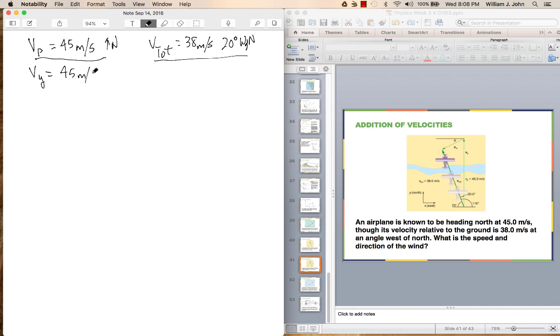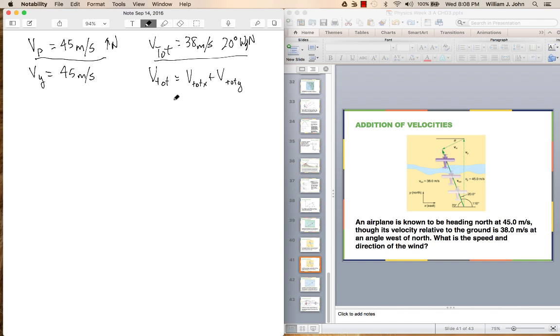It's 45 meters per second, right? The v total is going to be equal to v total x and v total y. So it's those two vectors together.